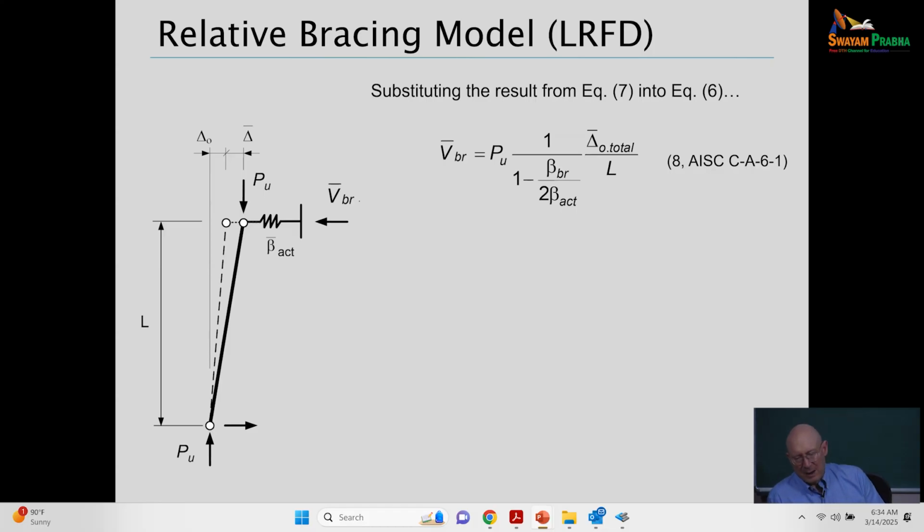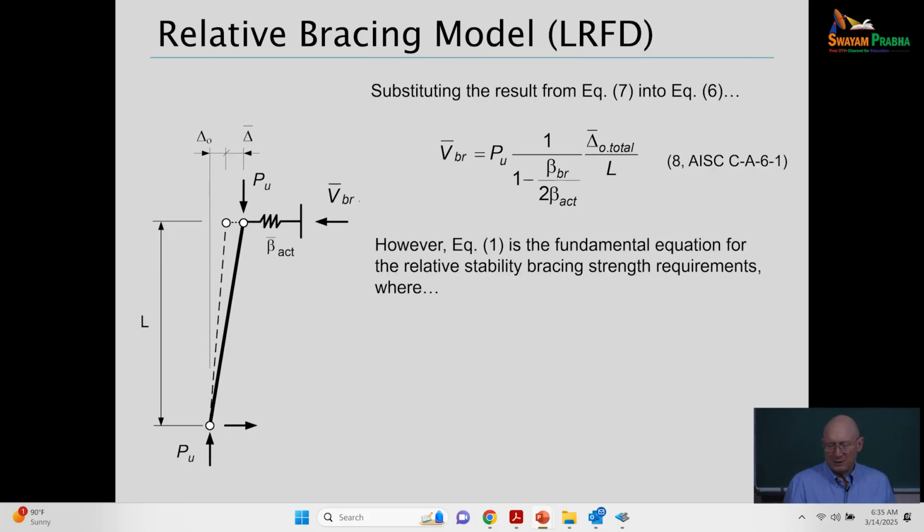The amplification factor becomes 1 over 1 minus 1/2, or the amplification factor is 2 times. But equation 1, basically the brace force is the P-delta shear force based on the total second order lateral movement at the brace. That's the fundamental equation.